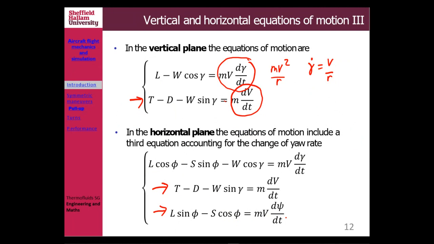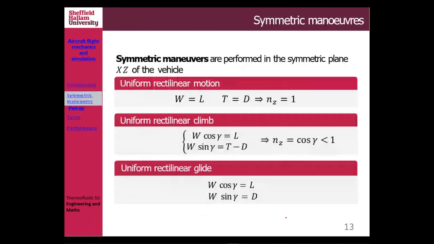That is our ammunition, say, at your disposal to then talk about the maneuvers that we're going to discuss one by one in the next few slides. For example, if we consider symmetric maneuvers, remember that in steady level flight, lift equals weight, and thrust equals D. Then if you go back to the equations, you will find out that nz, the load factor, equals 1.